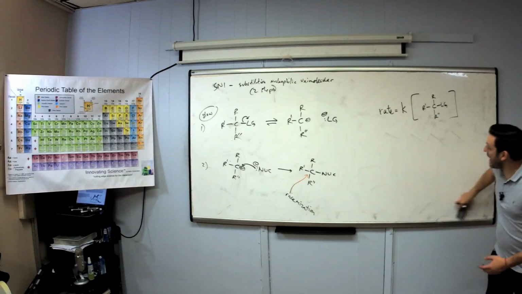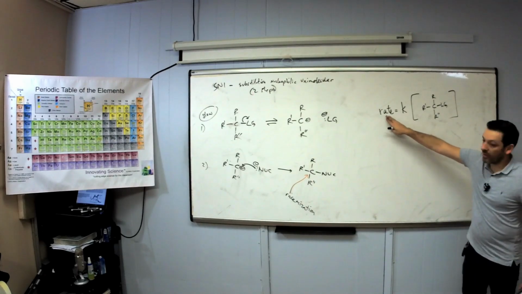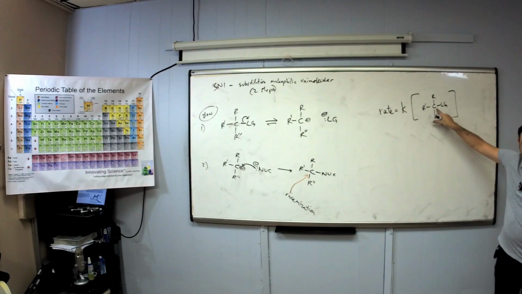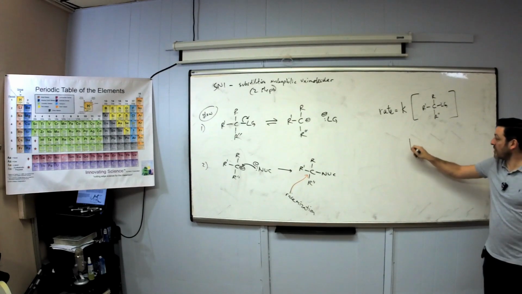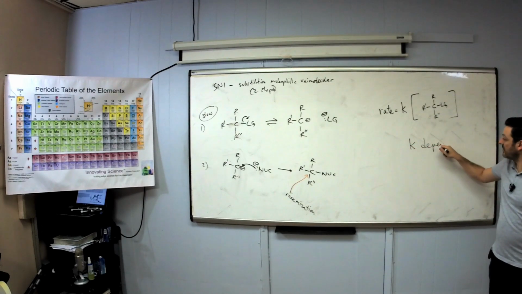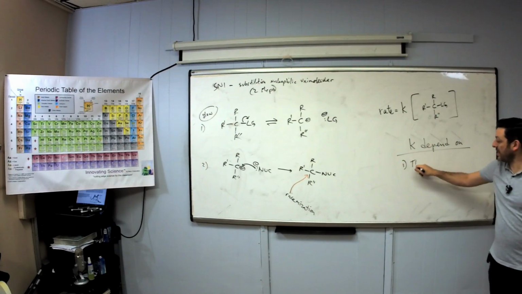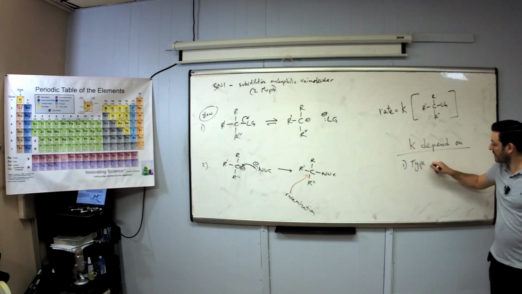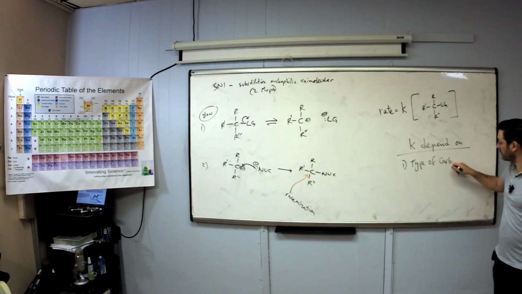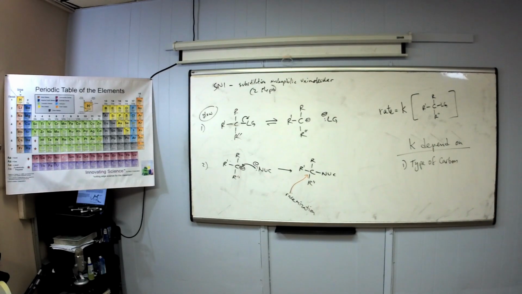Do you see the fact that in this rate law, we have a carbon, right? So K will depend on, number one, the type of carbon. You still alive, awake, paying attention?